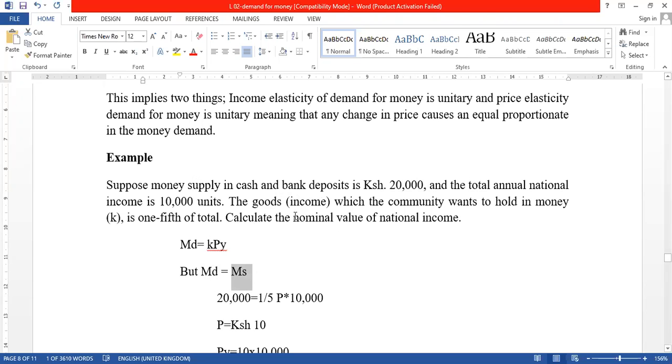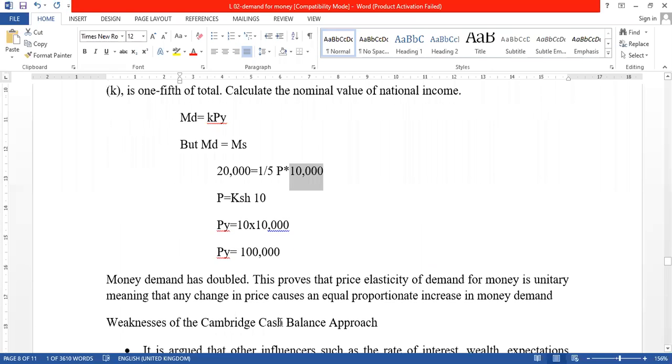And therefore, with these two, it means that we have money supply, which is 20,000, which should be equal to K, which is 1/5, multiplied by the price level in the economy, P, multiplied by Y, which is 10,000. Then if we do that, we should be able to know that P, the price, is 10, right?